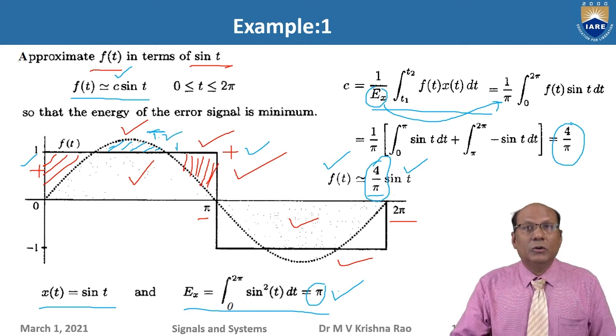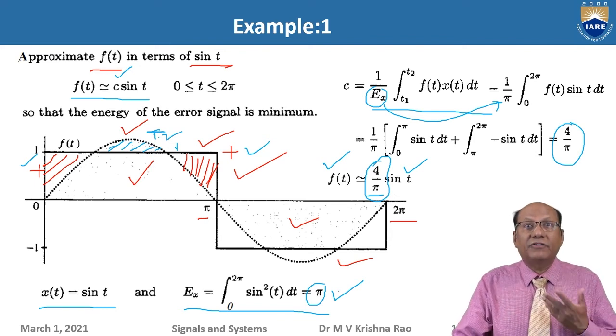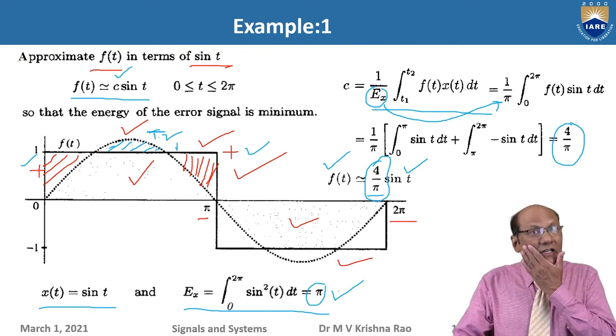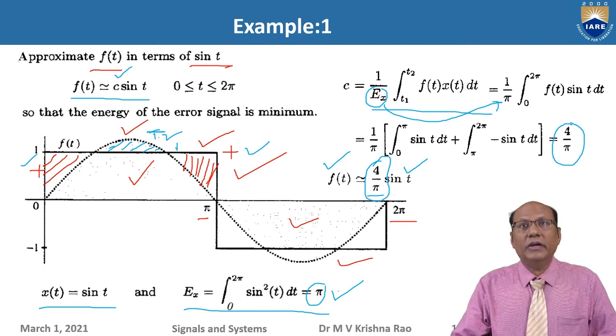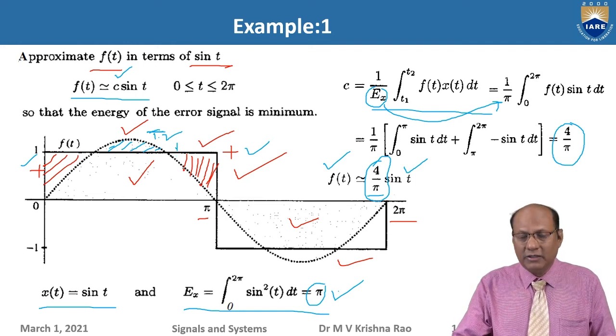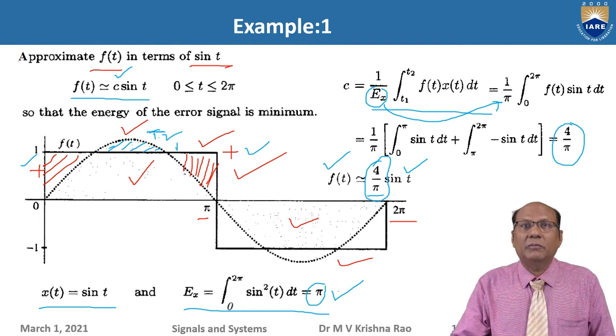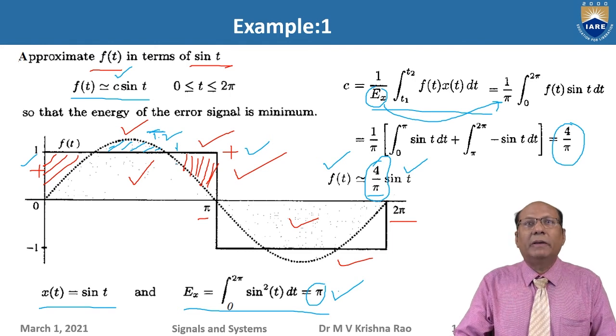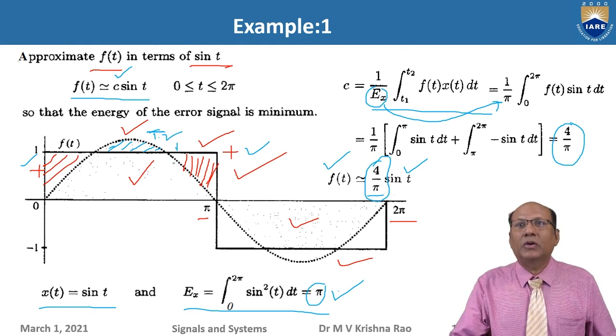It is negative. When I square it, minus 0.2 squared gives plus 0.04. So ultimately, these negative areas will also go away. Whether the error has a positive sign or a negative sign, I am squaring the error function, so automatically positive areas and negative areas all become positive areas only. Then I have to add these things.